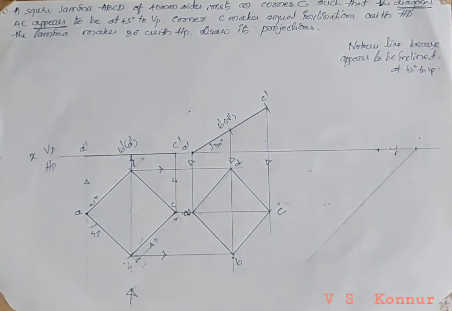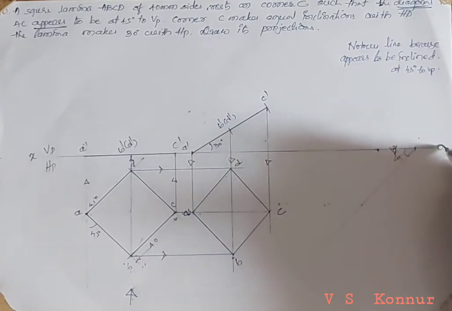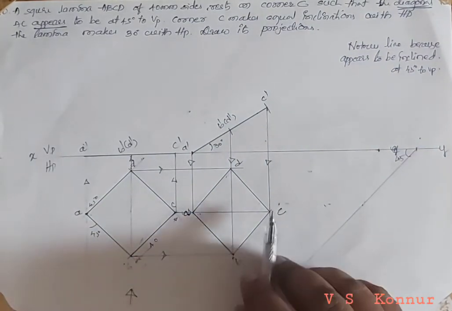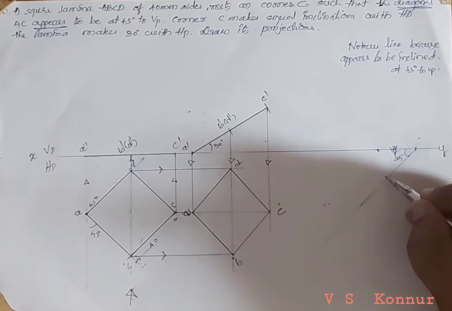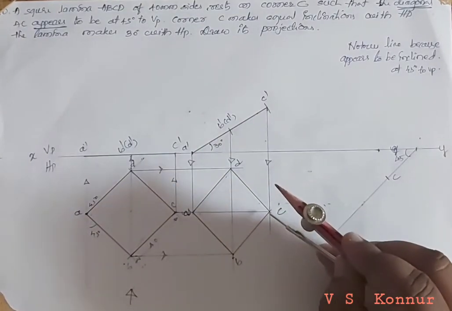With thin line you have to extend. So there is the 45 degree line. Then mark this C point here. Take the distance of diagonal A, because appears to be is there, no need of any locus line.